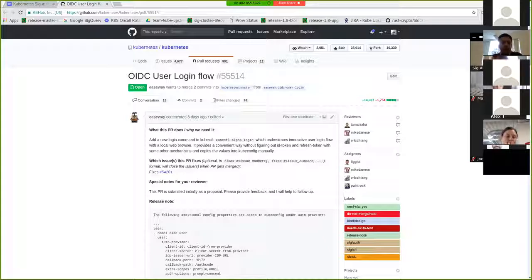So today with kubectl, we have a way of configuring something called an auth provider. The available auth providers that I'm aware of are an OpenID Connect one, a GCP one, an Azure one, and a Keystone one.